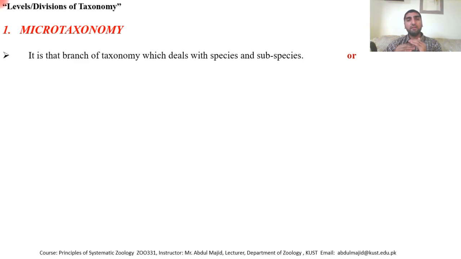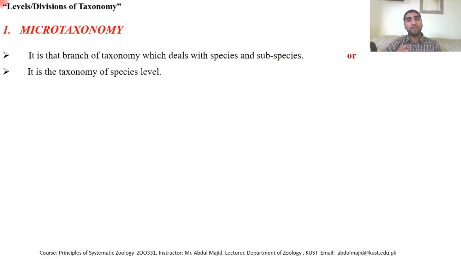That's why the study of species and subspecies is called microtaxonomy, when we study at species or subspecies level. It is that branch of taxonomy which deals with species and subspecies, or you can define it as the taxonomy of species level.